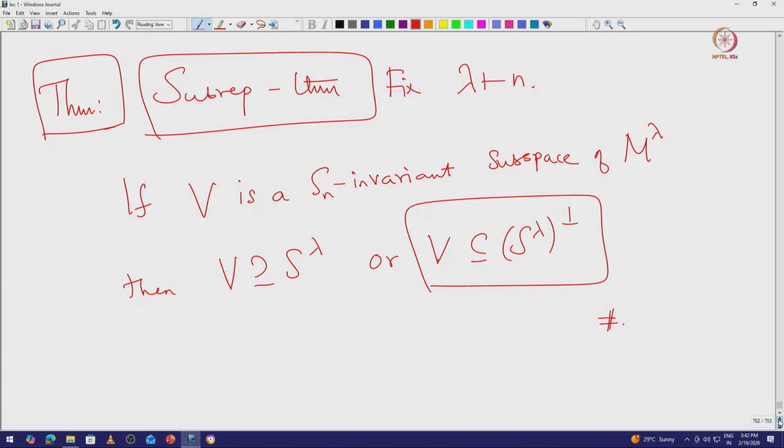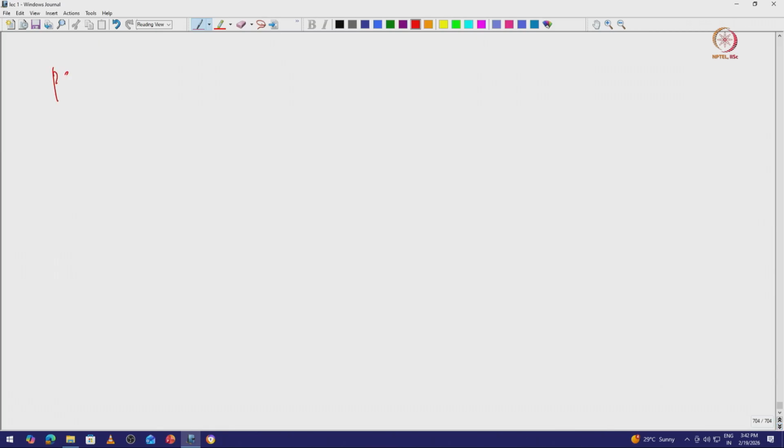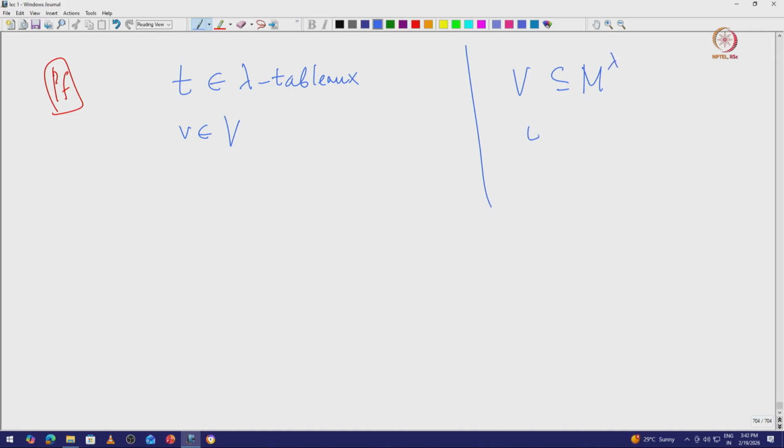Suppose first that there is a lambda tableau T and a vector v such that A_T v is non-zero. Then we see what happens. Here is the proof of the subspace theorem. We take T to be a lambda tableau and V to be an Sn invariant subspace.